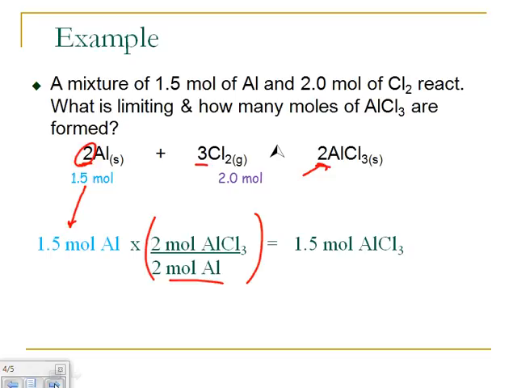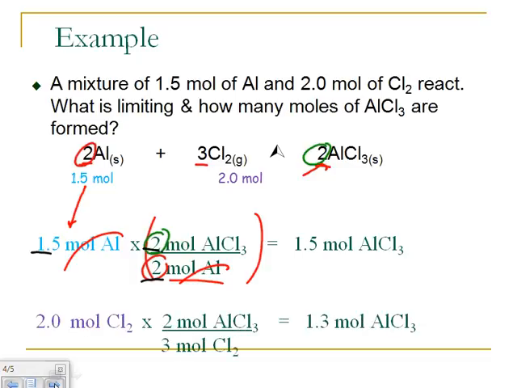We have 2 moles of aluminum, and we have 2 moles of aluminum chloride. That's where those 2 numbers come in. Moles of aluminum will cancel. We take our 1.5, multiply it by 2, divide it by 2, and we will again get our answer of 1.5 moles of aluminum chloride.